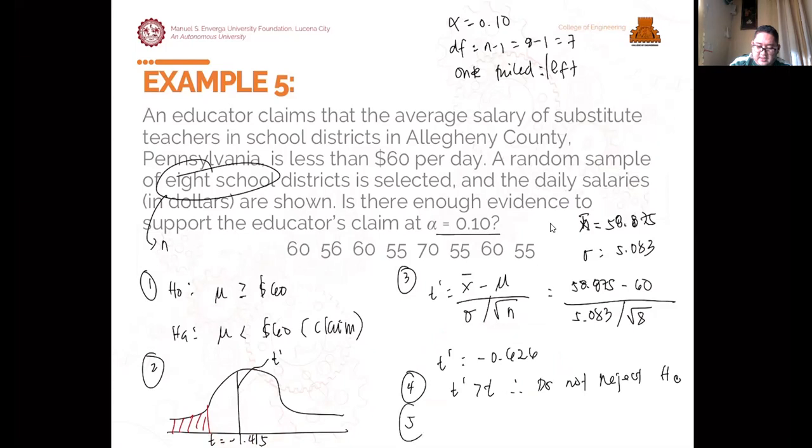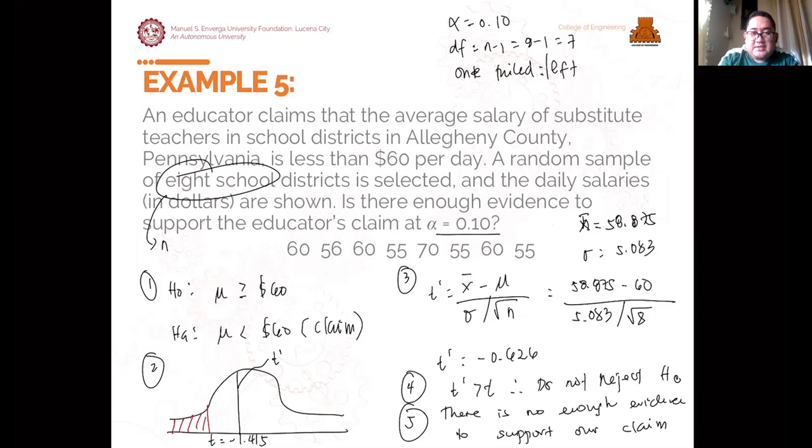Then, there is not enough evidence to support our claim. Okay? So that's how you calculate kung paano natin i-accept or reject yung mga null hypothesis natin sa given claim.